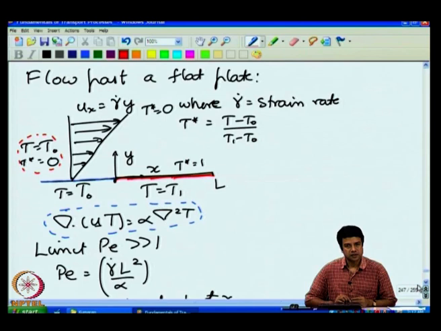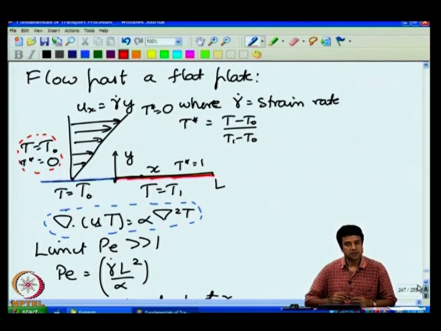If the length scale for the variation of the temperature field is small compared to capital L, then the gradients are large, and because the diffusion term has the second derivative with respect to y, if the length scale is small, the derivative is large, and one could still have a balance between convection and diffusion.